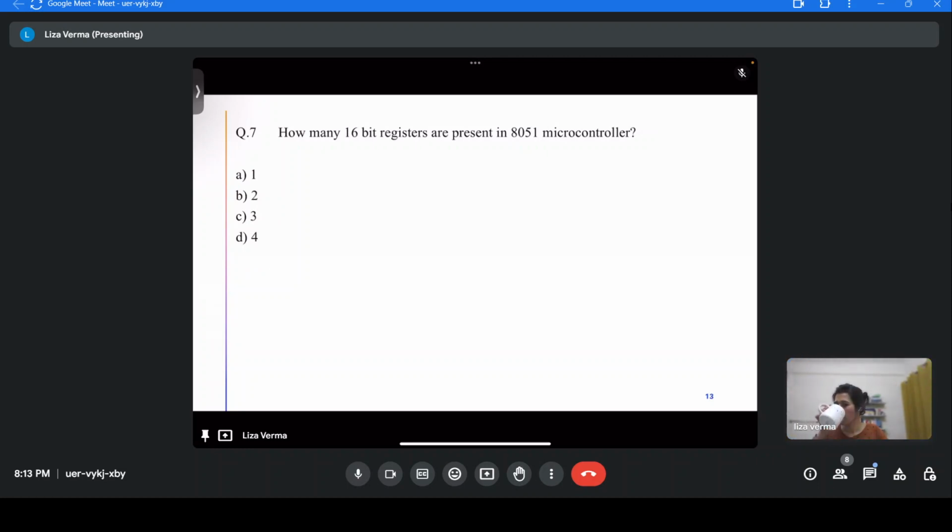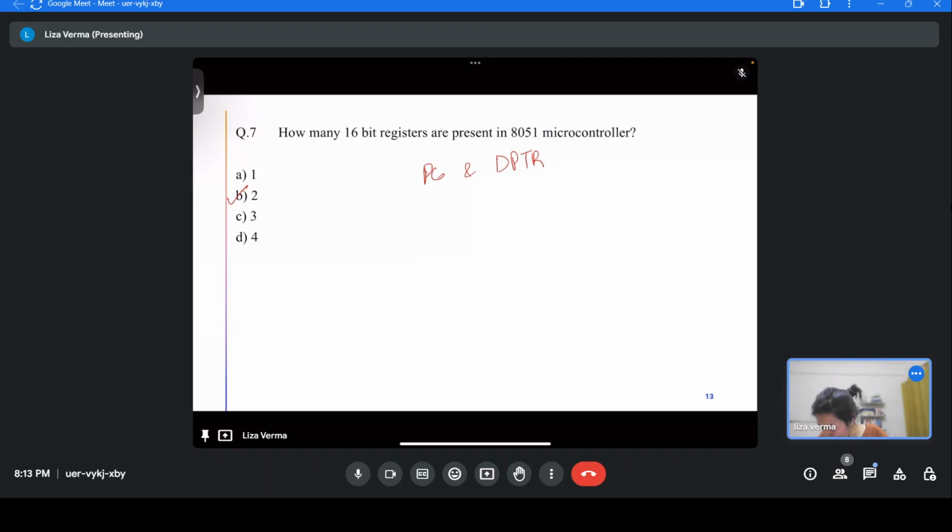PC and DPTR. Option B. We have PC and DPTR. Okay.